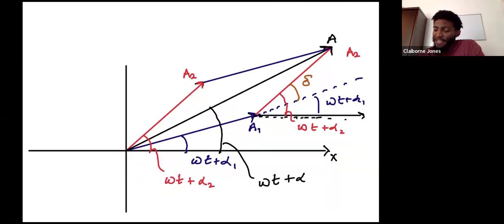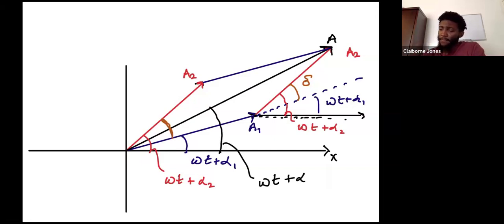Notice over here that this A2 to A1, that's our angle delta. Let me use the same color, because I've already given it a color. That's our angle delta.